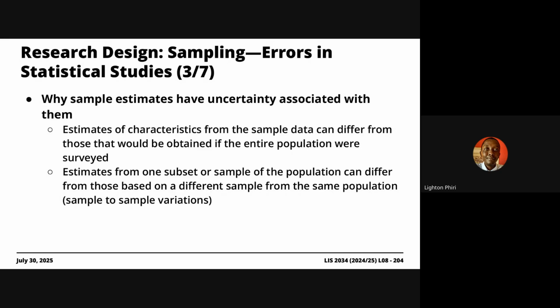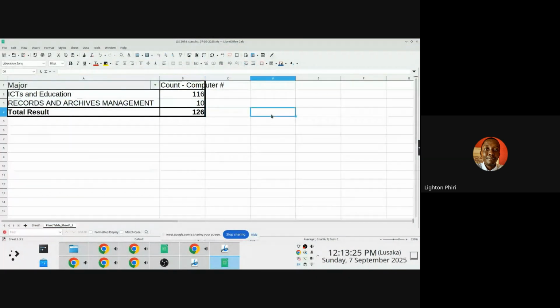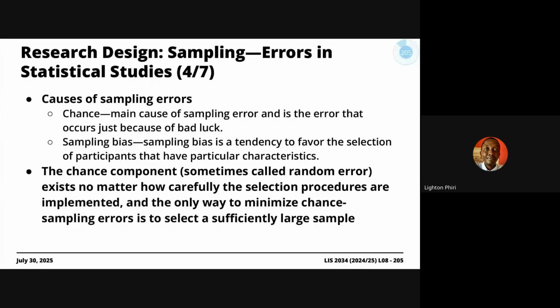I leverage random sampling, and I pick, for argument's sake, 30 of you from a population of about 126. I pick 30. I conduct a study. I pick another random sample, 30, maybe I exclude those that were picked from the previous study. What we are saying is that the estimates from these two subsets may actually be different. So you have what's called sample-to-sample variation.